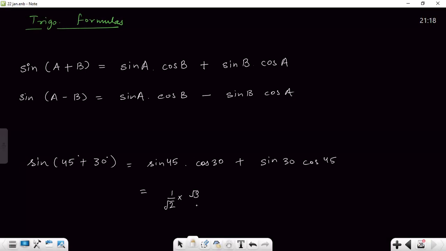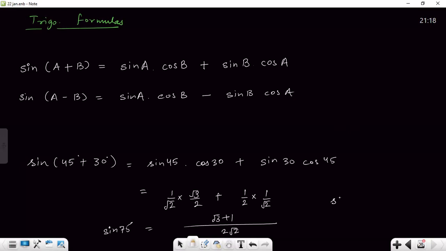Cosine of 30 is root 3 by 2. Sine 30 is 1 by 2. Cos 45 is 1 by root 2. Taking LCM as 2 root 2, root 3 plus 1. So sine 75 comes out to be root 3 plus 1 on 2 root 2, which is exactly what we found as cos of 15.